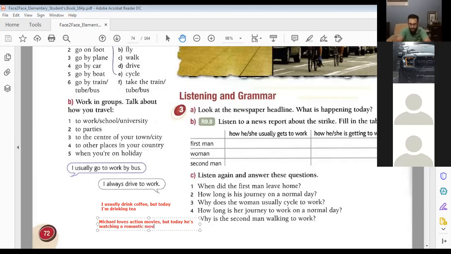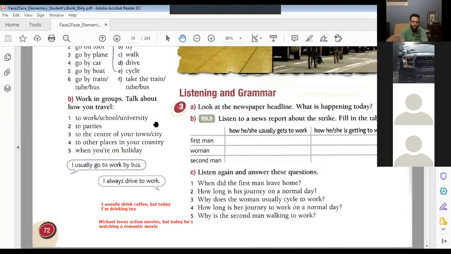Right? You get the idea? Yes. So today is different. He doesn't usually watch romantic movies, right? He usually watches action movies, but today he's changing. There's a change. So this is also one of the uses of present continuous, to talk about something that is different today from usual.